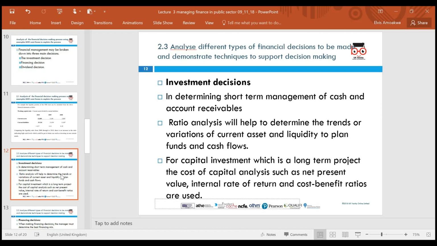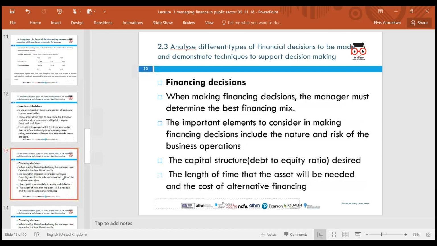Let's look at other decision-making methods. Apart from investment, you can make financing decision. So the first one was investing. Second one is financing decision. When making a financial decision, the manager must determine the best financing mix.